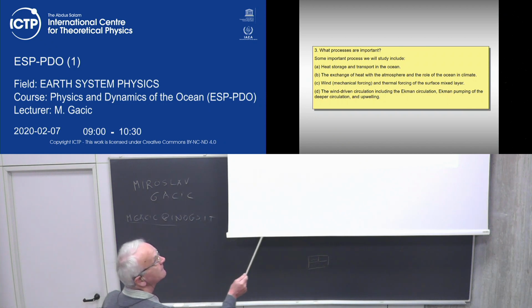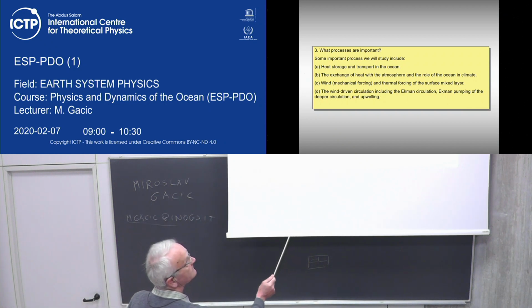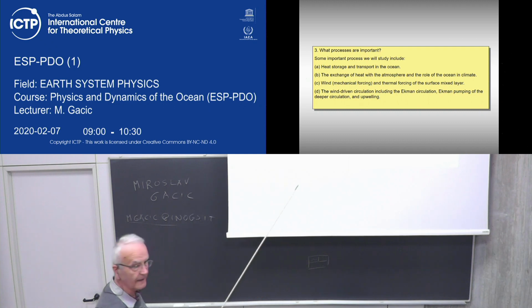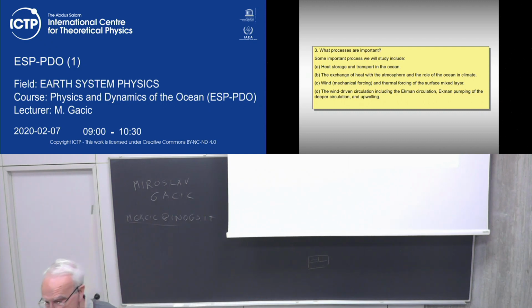Then we have wind and thermal forcing at the surface mixed layer. Wind is a mechanical forcing, obviously, because there is a difference of velocity between the air and the ocean. So you have the momentum transfer from the air into the ocean, because the air has a larger velocity.